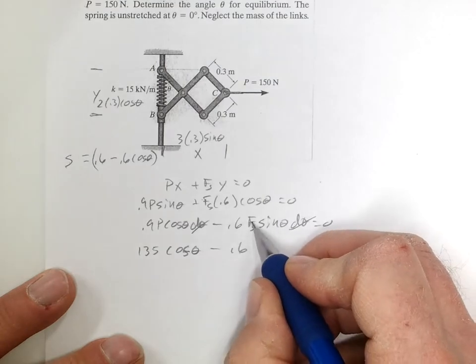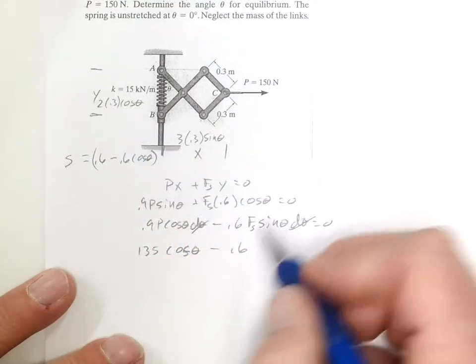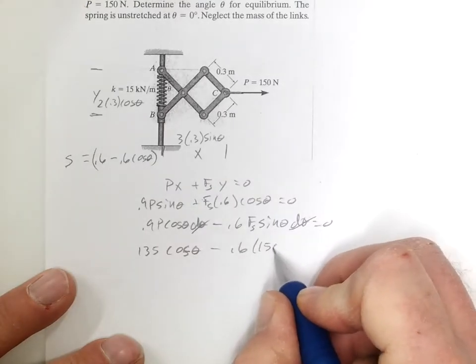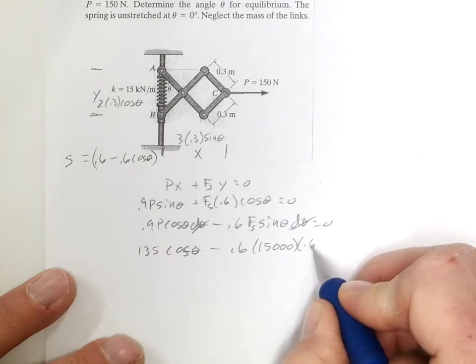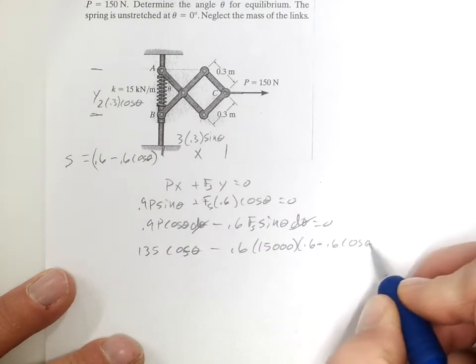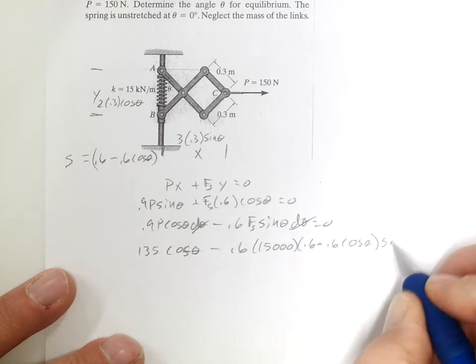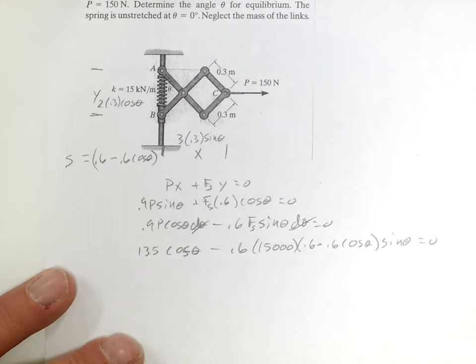So F is K times S. So K is 15,000 times S, the stretch, 0.6 minus 0.6 cosine theta, sine theta. And there we are.